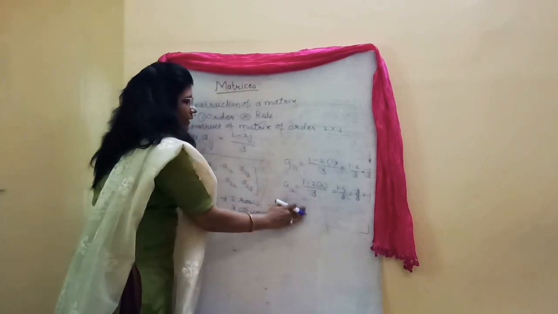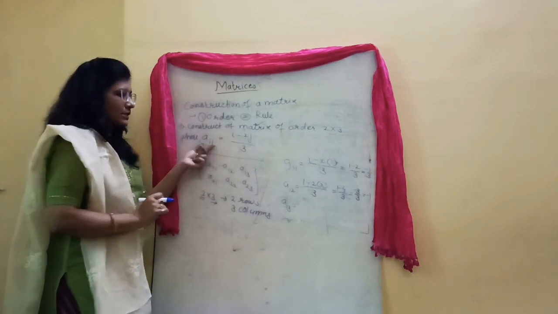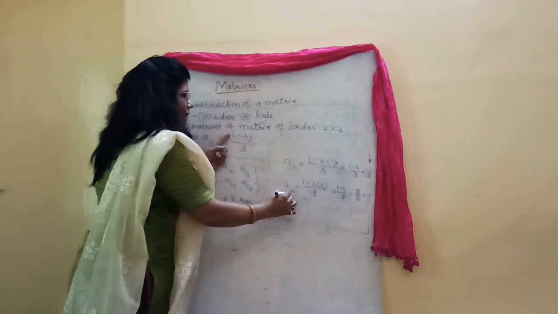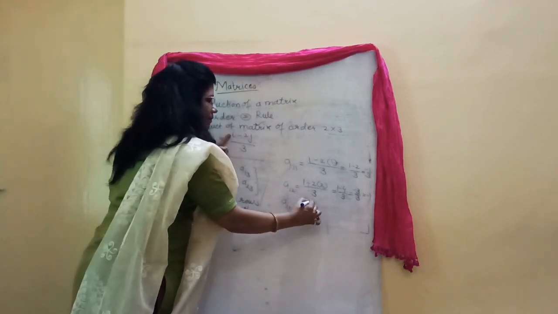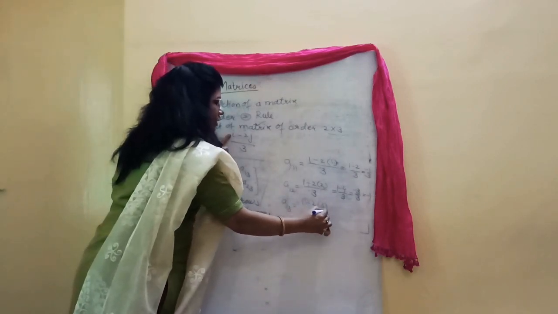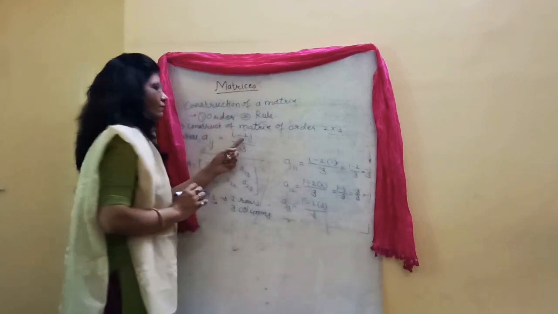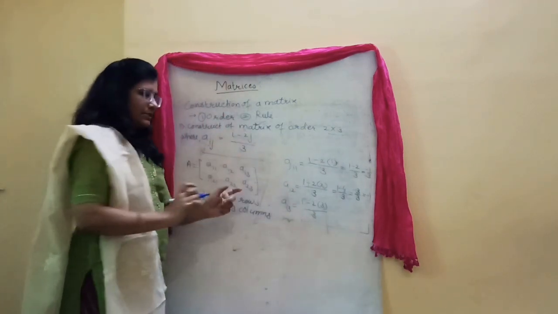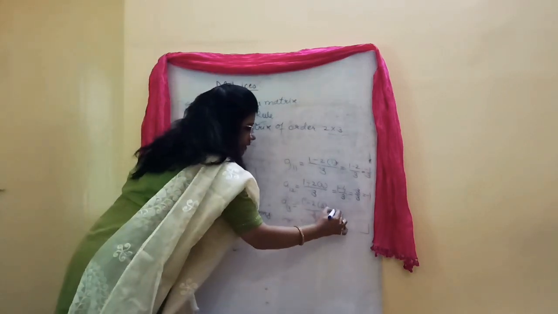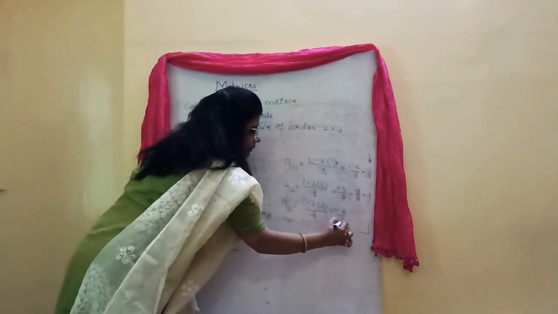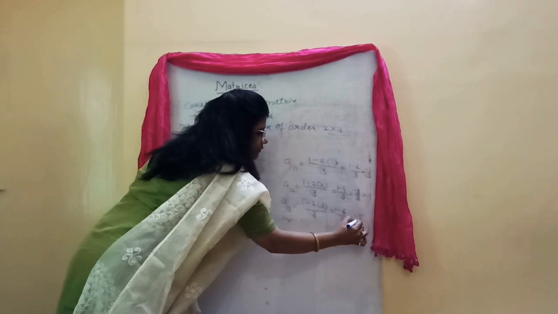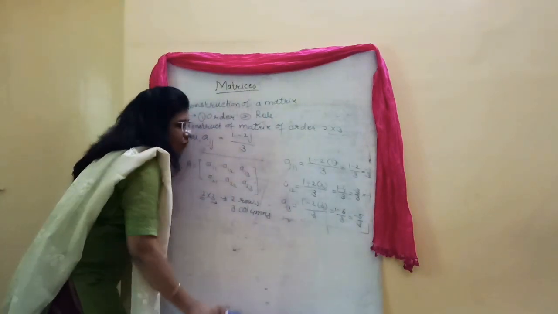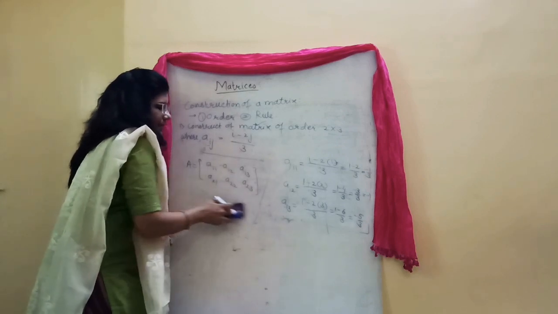Again compare: i is 1, j is 3. Instead of i we write 1, minus 2 into 3 upon 3, instead of j we write 3. All other things keep as they are. So it is (1 minus 6) upon 3, that is minus 5 upon 3. In such a manner, you have to write all these elements.